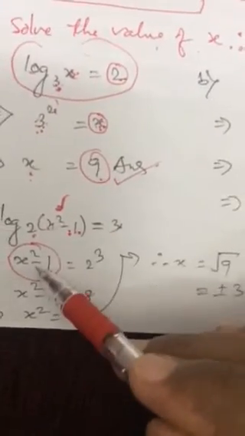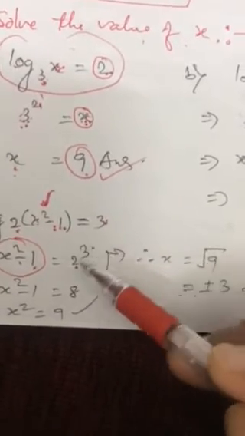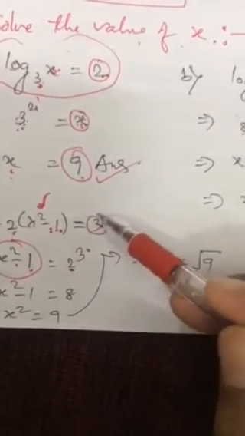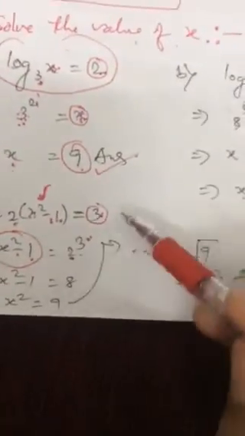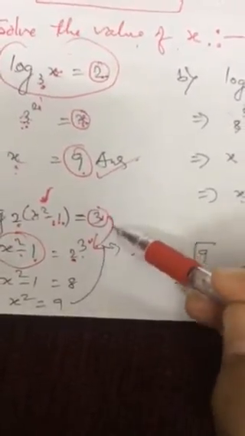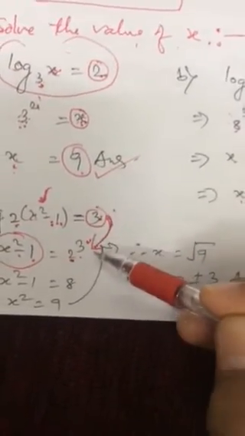So this value equals the base to the power 3. The log is the exponent, so it is base to the power 3. You can write this first also, no problem. In this way you can write the logarithmic form into index form.